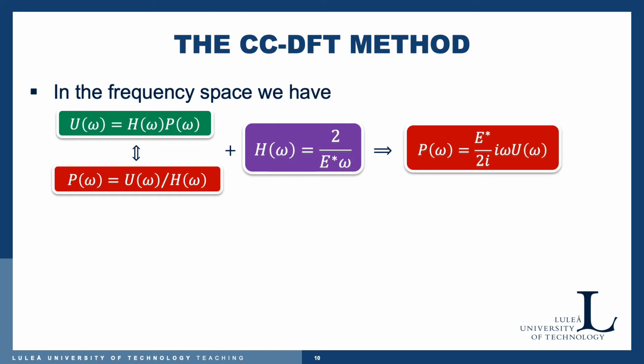And we can also see, by what we learned before, that i omega u is just the Fourier transformation of the derivative of u. So it means that the pressure is related to the derivative of the deformation.